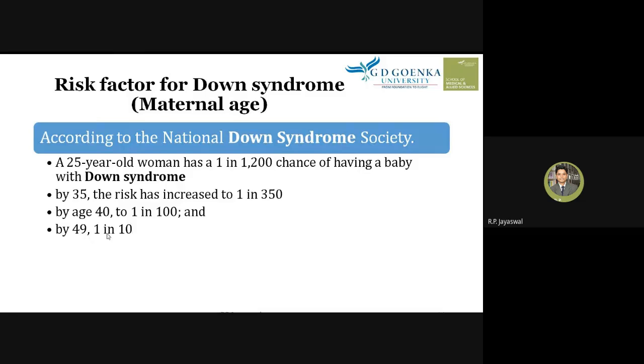So for every 10 pregnancies, one has Down syndrome, right? So this triple test is helpful in the diagnosis of Down syndrome, Edwards syndrome, and neural tube defects in the developing baby. Okay, let's know something about the beta HCG.